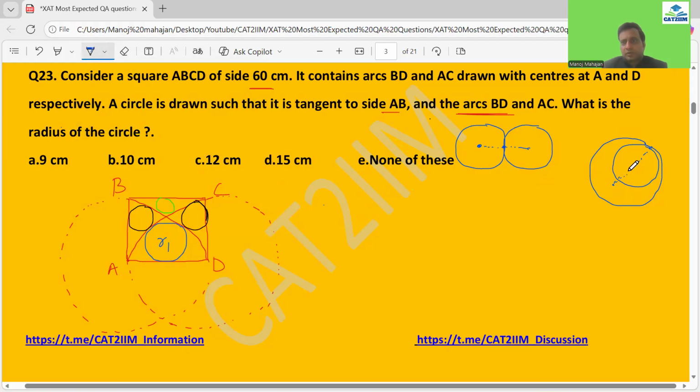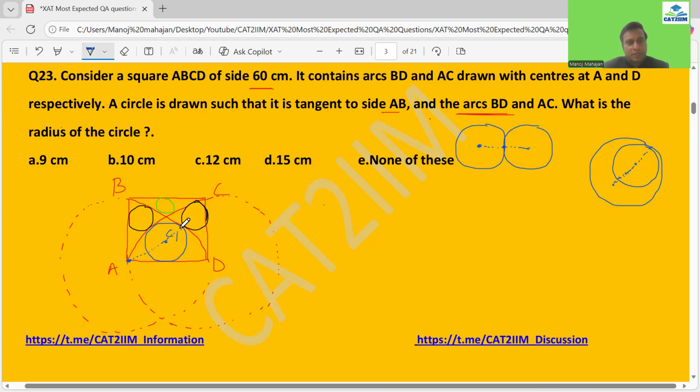So let's see how we are going to apply it over here. Three questions we are solving, right? Let me take the center over here as C1 because the radius I took as R1. Just remember, if I look at the center of this circle, with the arc BD, I have center A, the center of this blue circle, and the point of contact.